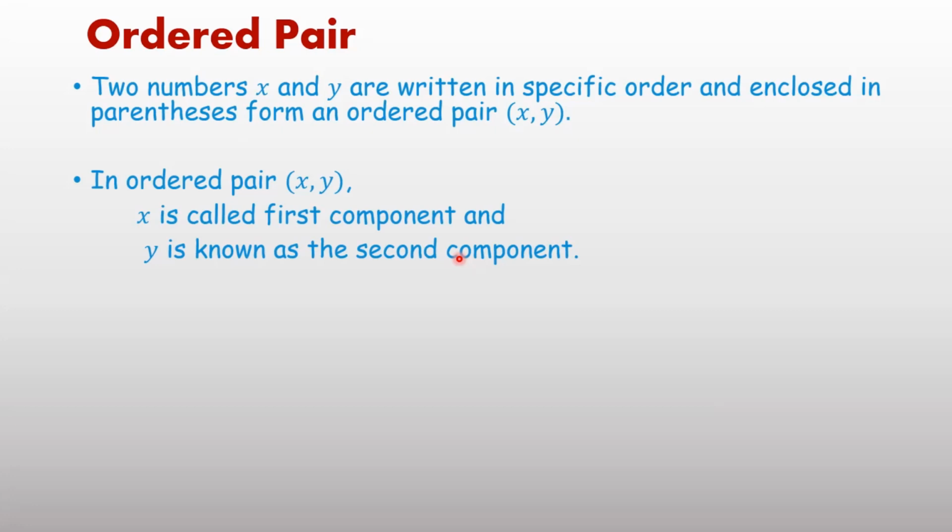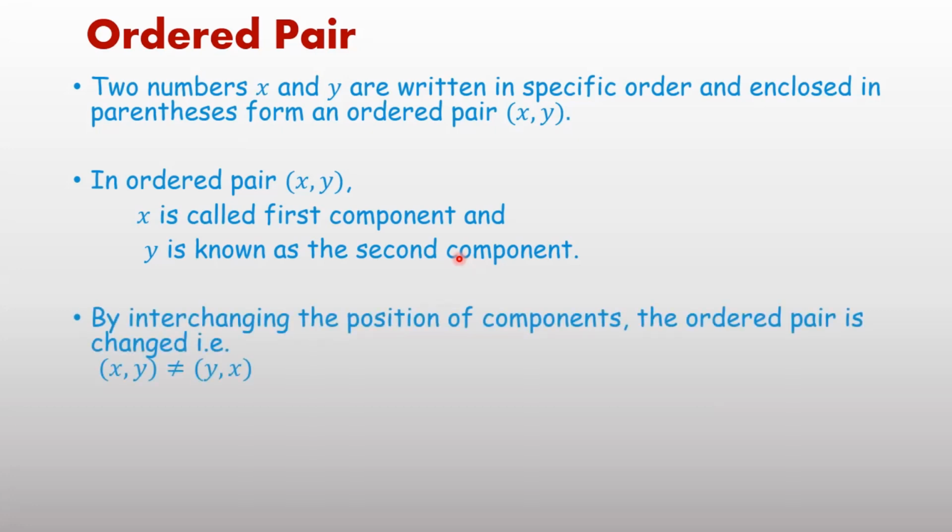If the ordered pair is written as (2, 3), then the first component is 2 and the second component is 3. By interchanging the position of components, the ordered pair is changed. That is, (x, y) is not the same as (y, x); both are different ordered pairs.